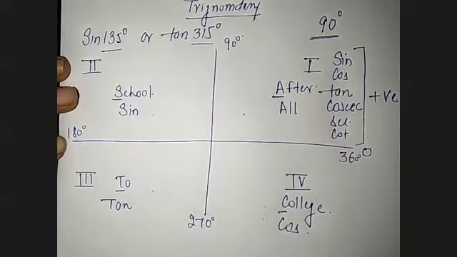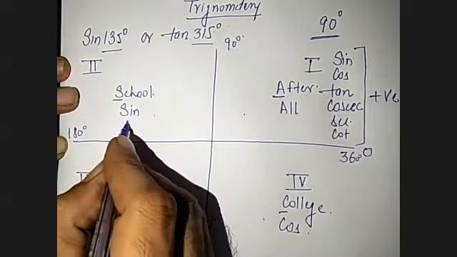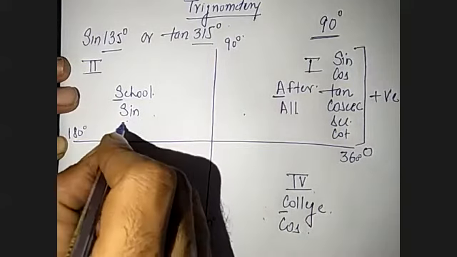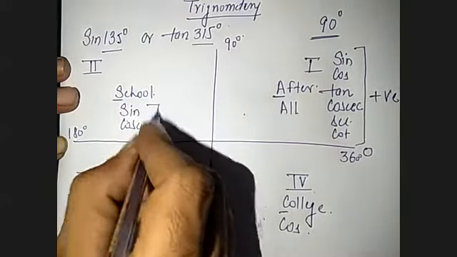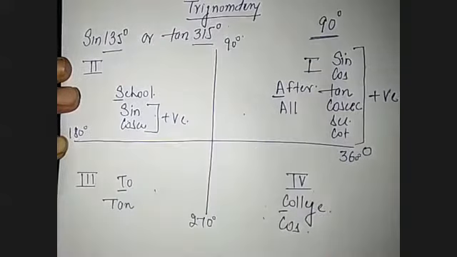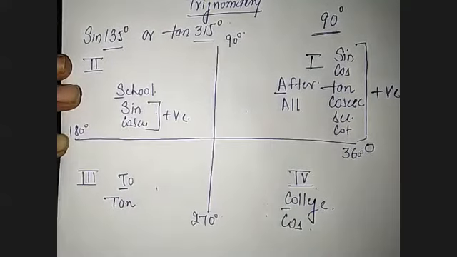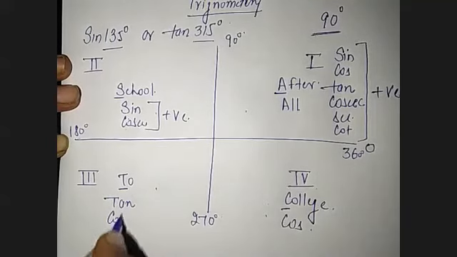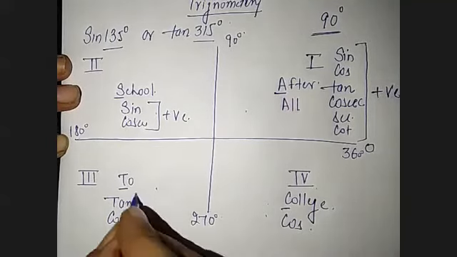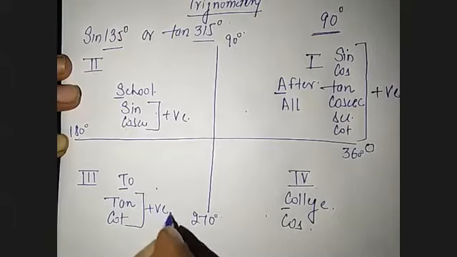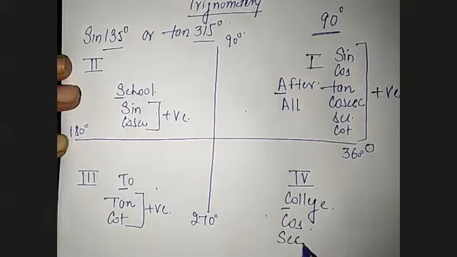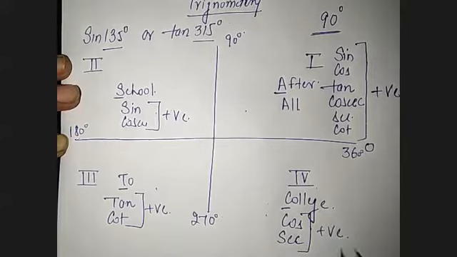And here sine and its related ratio cosecant are positive. Then in the third quadrant we have tan, and tan is related to cot. Both are positive. C is cos. Cos is related to secant because secant is the reciprocal of cos. So this is positive. And the rest all are negative.